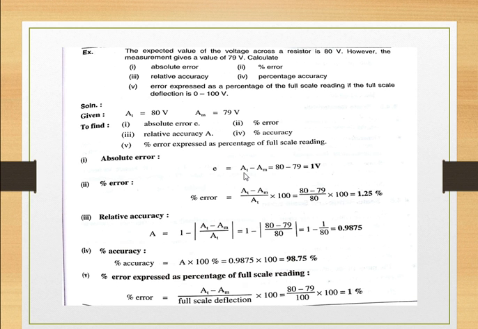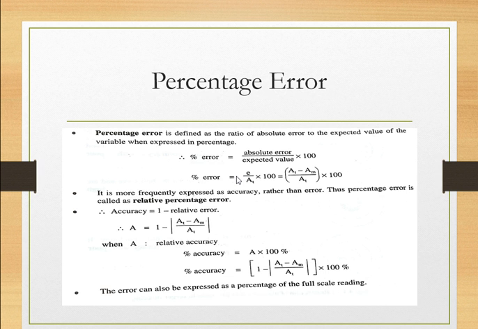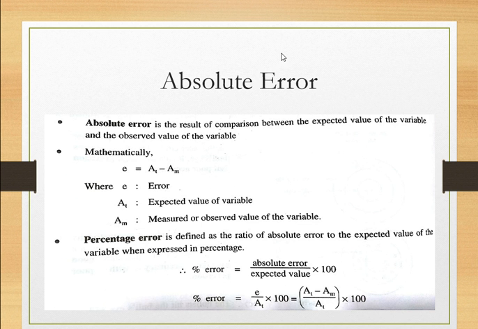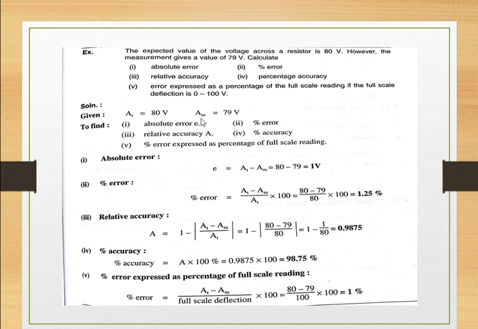It is AT minus AM. AT is the expected value, and AM is the measured or observed value. So here AT or expected value is 80 volt, and the actual measured value is 79 volt. So what do you mean by absolute error?